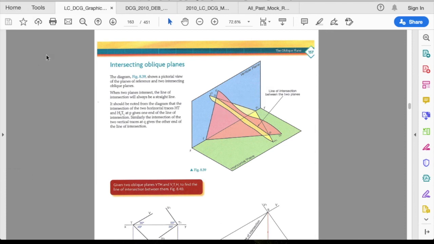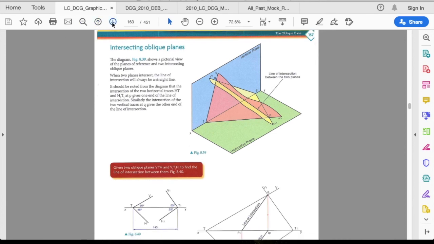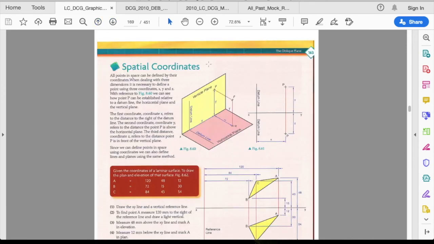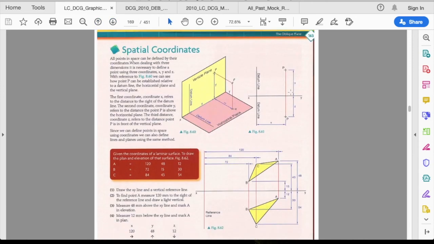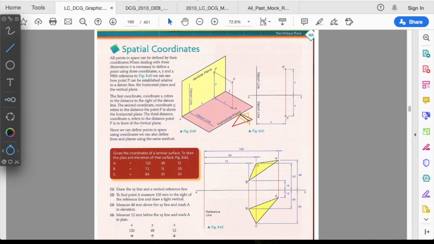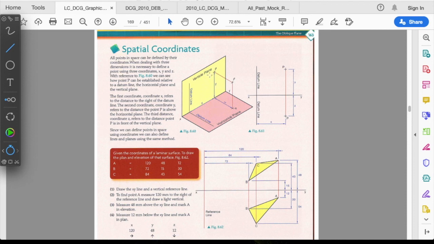So if we go on to look at how we actually go about drawing laminar planes, we will be using what's called spatial coordinates. Spatial coordinates are just a different way of giving dimensions. Here we have the vertical plane, the horizontal plane, a datum line, and then a point.